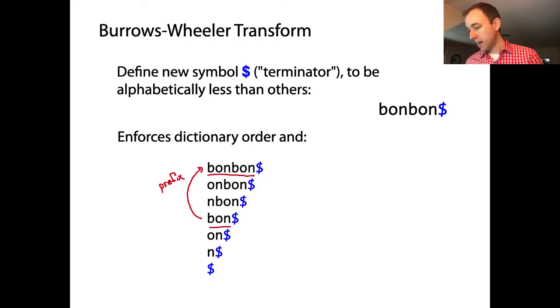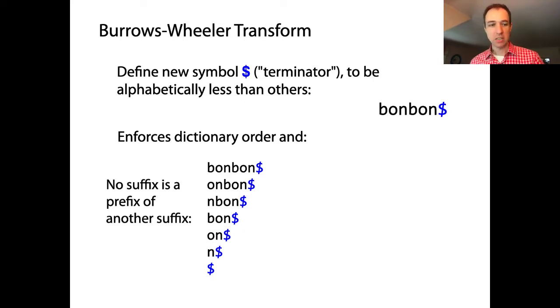But once we add the $, we have a situation that's much more convenient from the perspective of comparing these strings, which is that none of them can be a prefix of another. Right? None of them can possibly be a prefix of another. Right? The $ is in a different position each time.